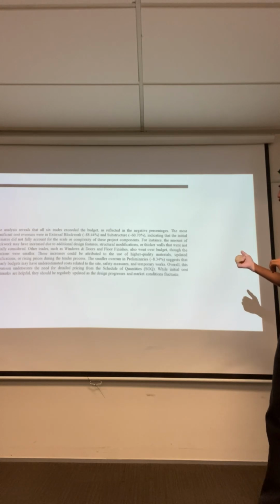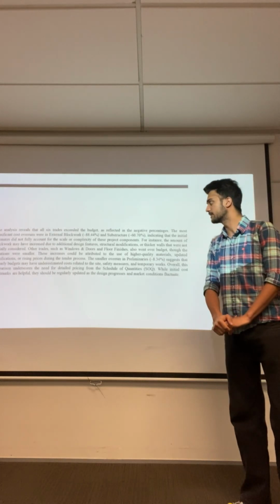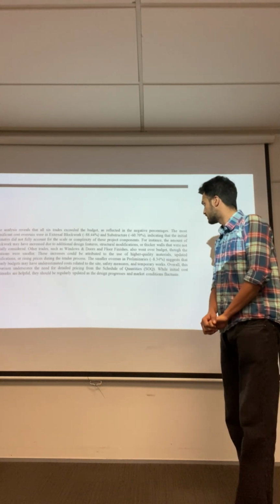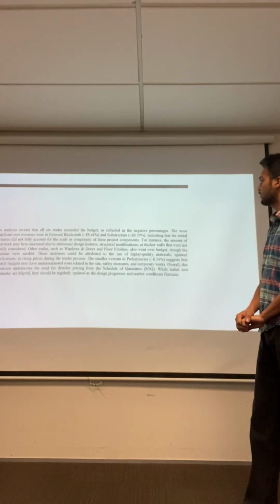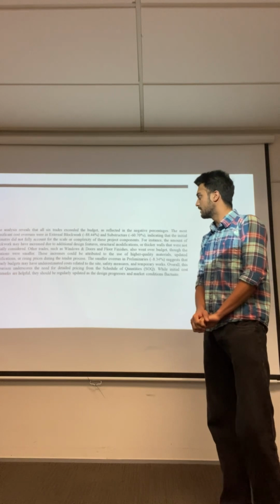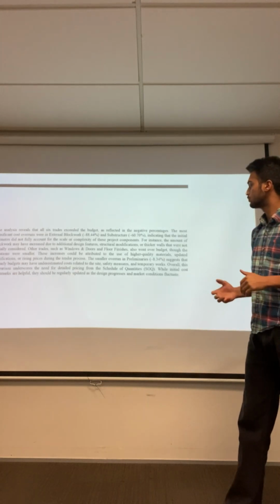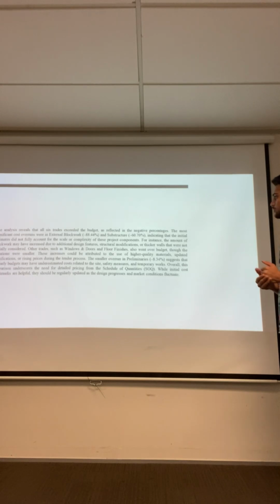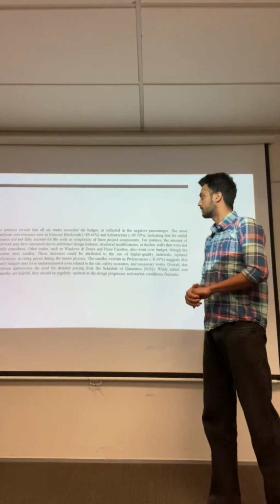For instance, the amount of block work may have increased due to additional design features, structural modifications, and thicker walls that were not initially considered. Other trades such as windows, doors and floor finishes also went over budget, though the variations were smaller. Next slide.